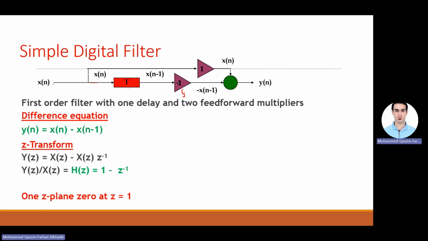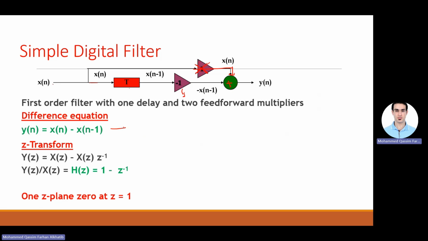I have the negative sign here. And you have x of n. You don't have to multiply by 1; this gain expression is not necessary. So you get it there, and that's your adder, the summation point. And that's a simple filter with two coefficients.